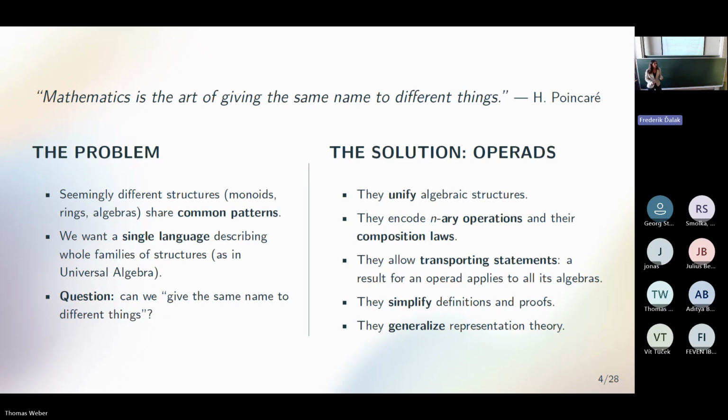And so we would like to give them the same name, and we actually do it by means of operadic language, because we can name them algebras over a specific operad. So we managed to do this by means of operadic language.